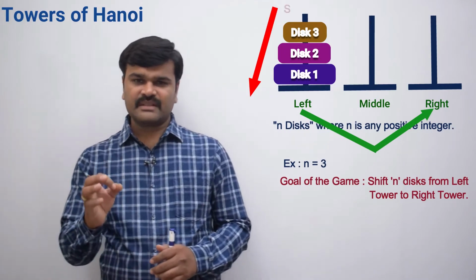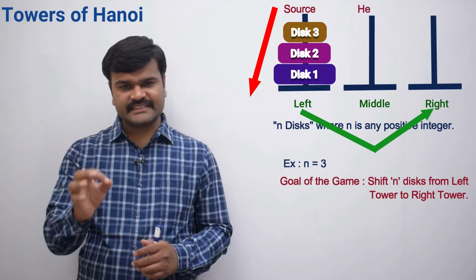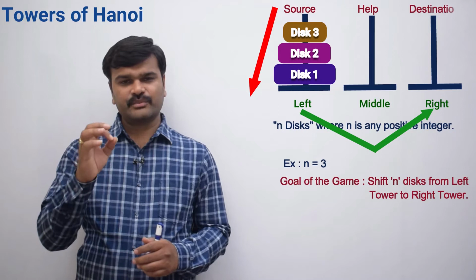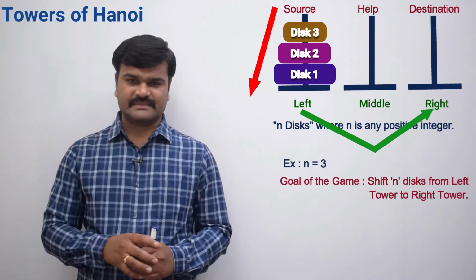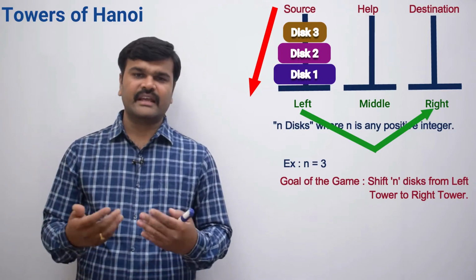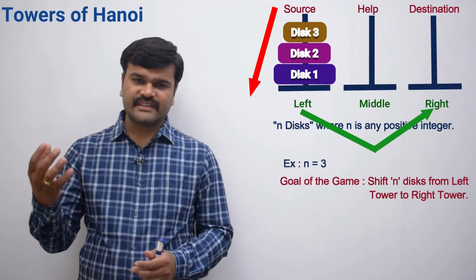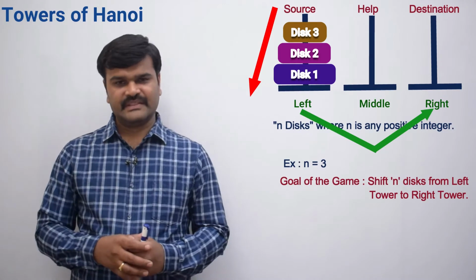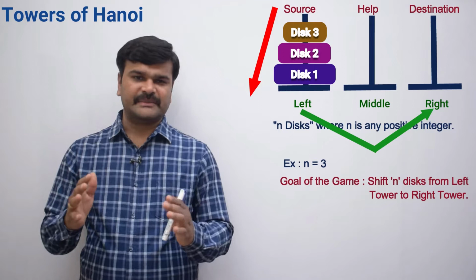Remember always: where the n disks initially exist is the source, where you have to place them is the destination or target tower, and the other tower we use for helping, so that becomes the help tower. In this way you can say source, target and help. This is the goal of the game.